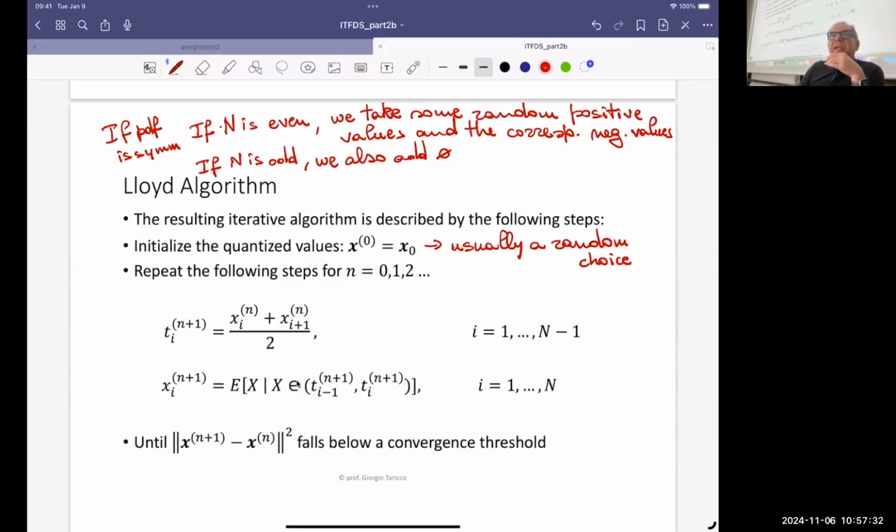Actually, this is not strictly required. We can also choose the points completely at random. But if we do this, the algorithm converges faster. Because it's like we use our knowledge, the property of the probability density function, to push the algorithm to converge a little bit faster.